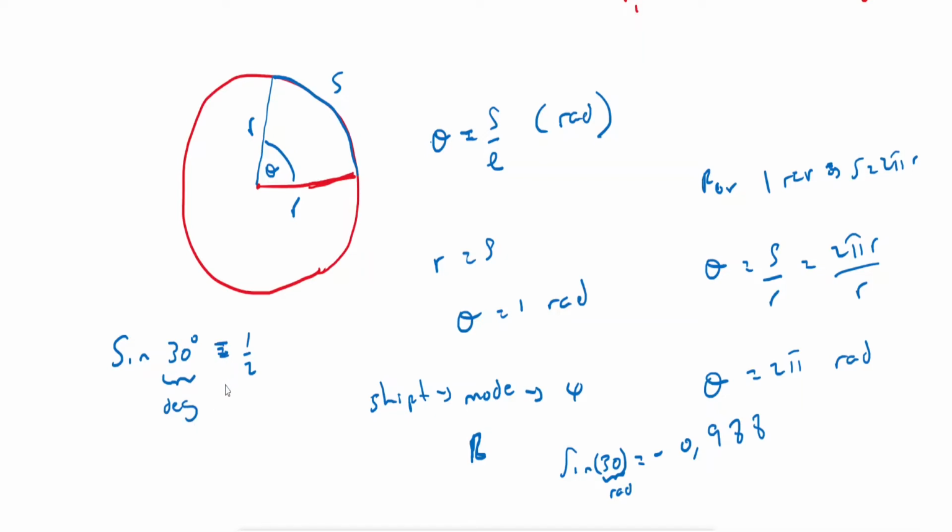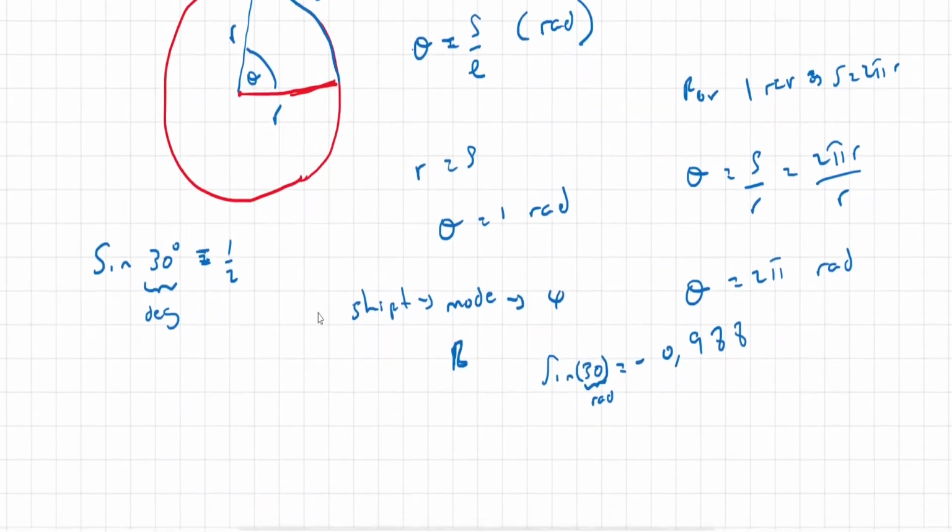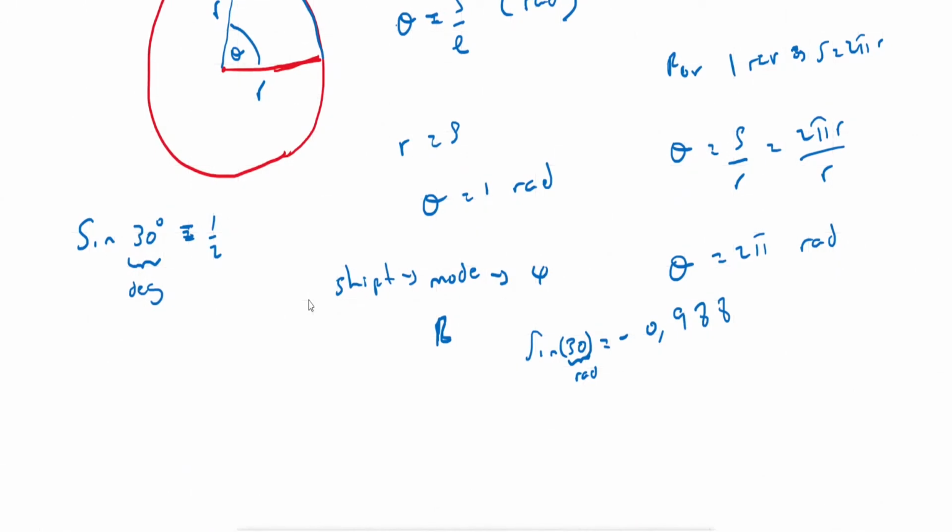So there must be a number that corresponds to 30 degrees, such that if we put that angle in, it is the equivalent in radians of 30 degrees. So we have to find a way to convert everything like that. We know that for 1 revolution, theta is equal to 2 pi.